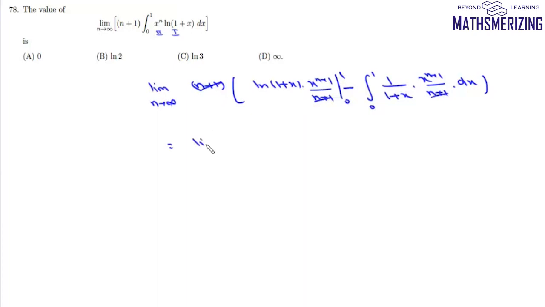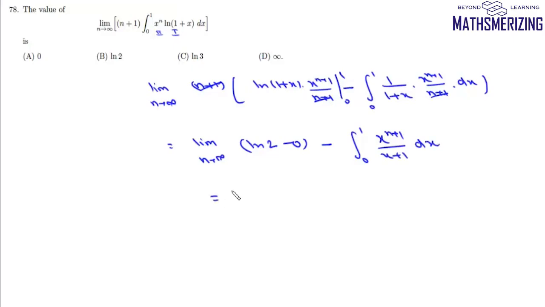So we can write this as limit n tends to infinity. Now we'll put x as 1, it'll be log 2 minus 0 and then minus this integral from 0 to 1 x to the power n plus 1 upon x plus 1 into dx.